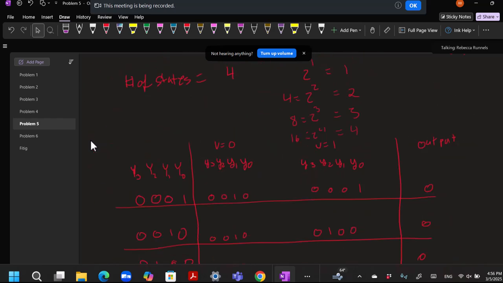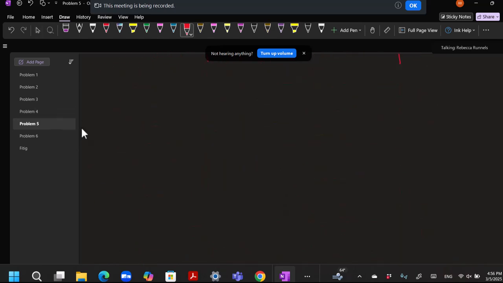So generally what I do is I take my number of states, let's say I have 6 states, and I figure out my power of 2, the one that's larger than that. 2 to the third is 8, 2 squared is 4, so that means I have to have at least 3 flip-flops. So I know I need 3 bits.